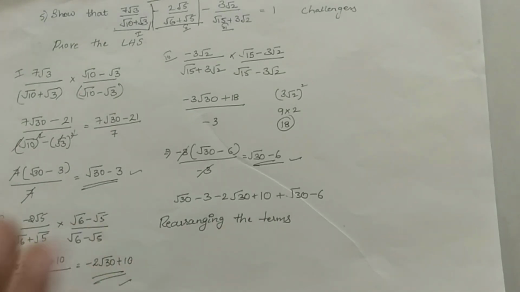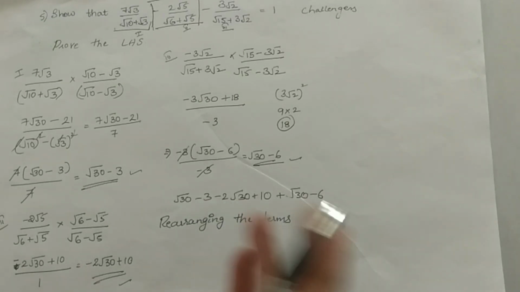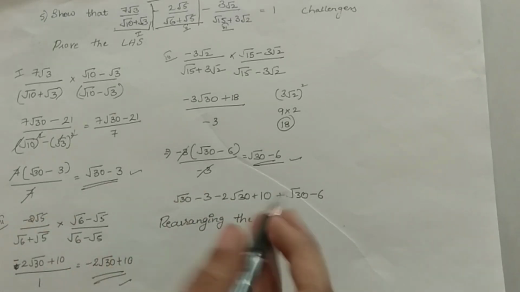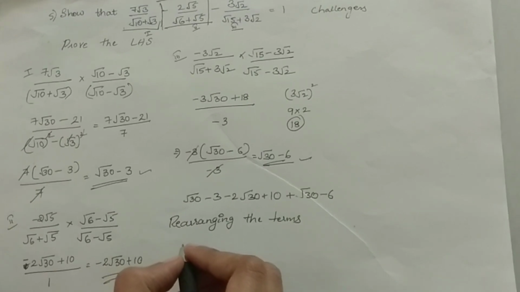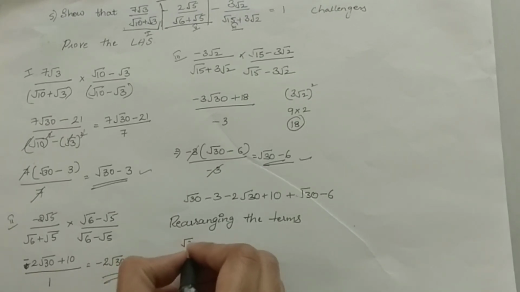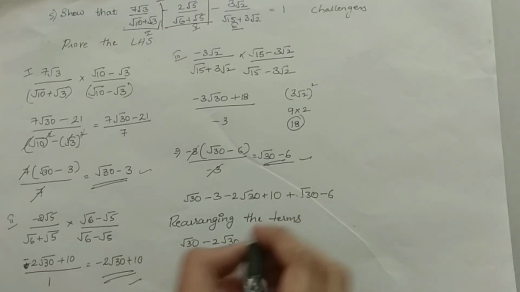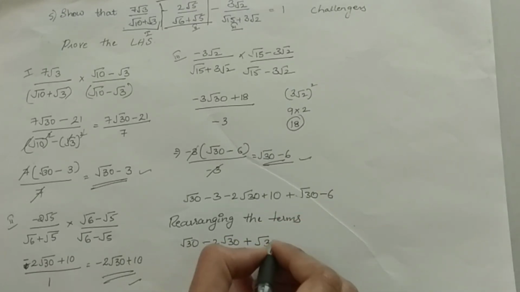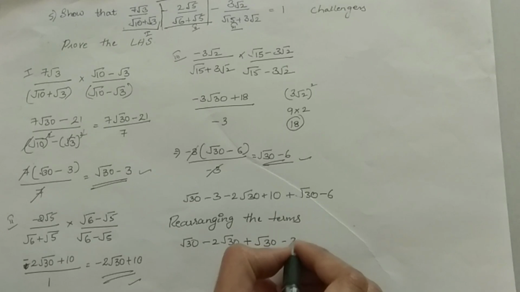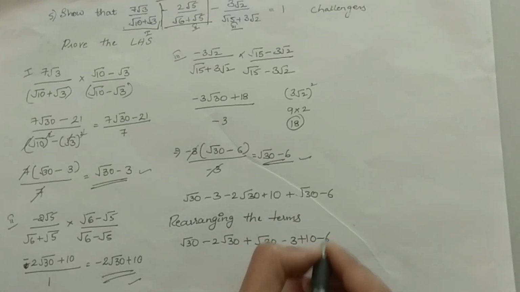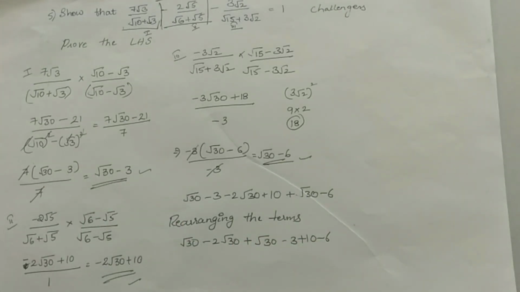First and foremost, I'm going to bring the root 30 terms to one side and the numeric part to the other side. Firstly we have root 30 terms: minus root 30, minus 2 root 30 and plus root 30, and here the numbers: minus 3 plus 10 minus 6. Rearranged? Yes.